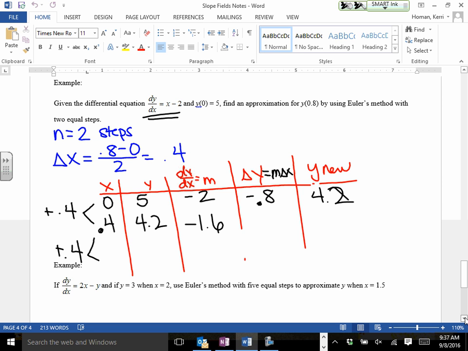Negative 1.6. Okay? Now, we need change in y, which means we take this slope and multiply it by our change in x. So negative 1.6 times 0.4, which is negative 0.64.